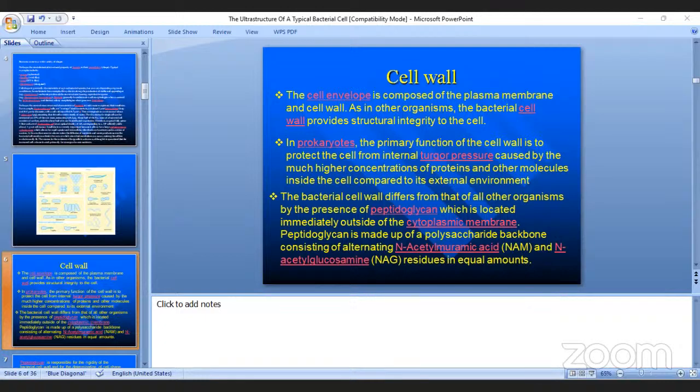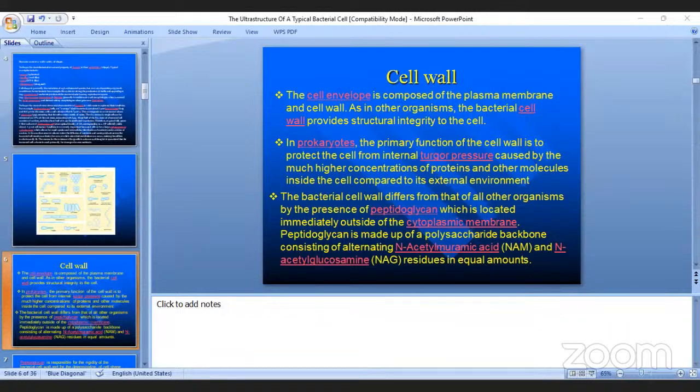First, before the cell wall, we have to complete the slime layer, because this is the outermost layer of the bacterial cell. But this slime layer is not present in all types of bacteria. Only a few bacteria have the slime layer, also called the capsule.